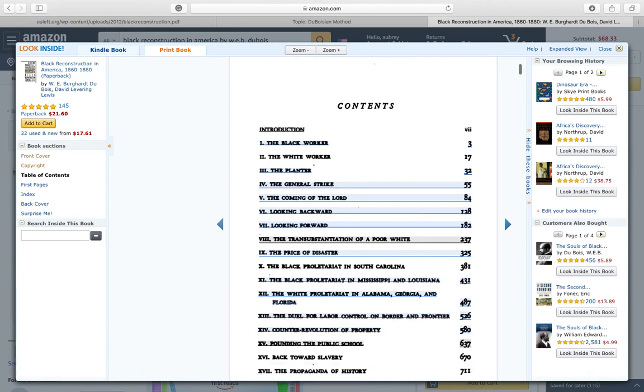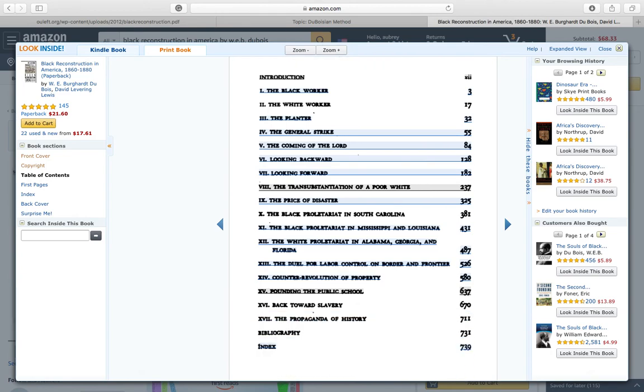Why am I making all of this so pointed? Well, typically when you see historical texts using the terminology, right, of worker, strike, proletariat, this is all very Marxist language. So we can already deduce before we read any word that Du Bois is writing that he is very class conscious, right?